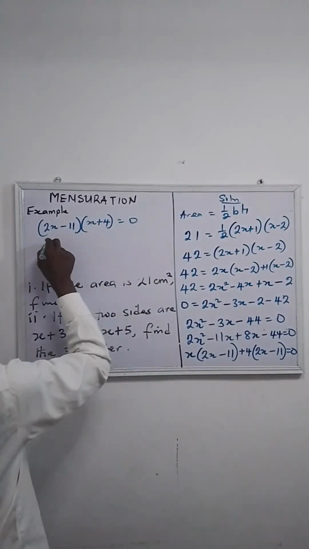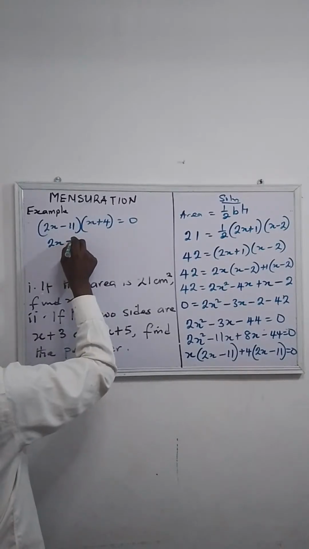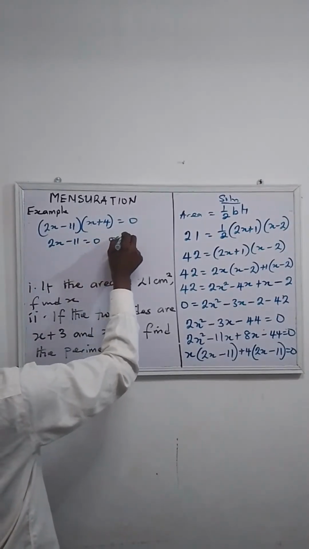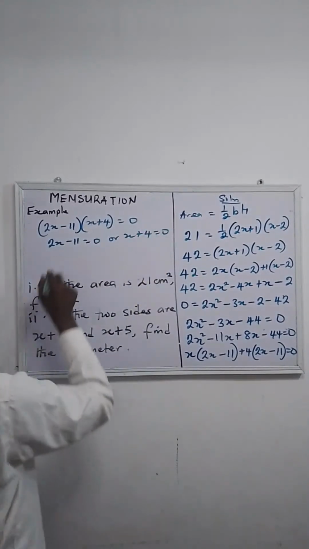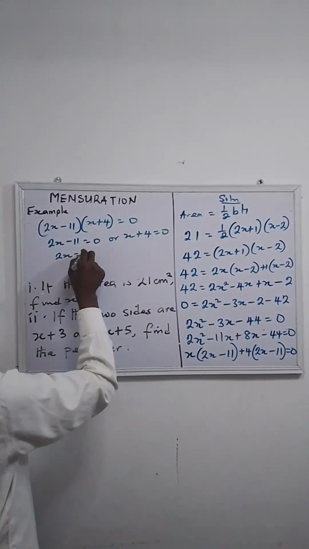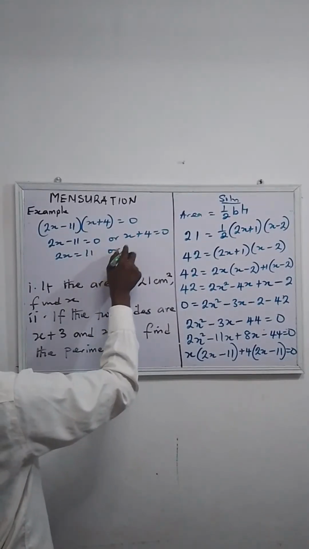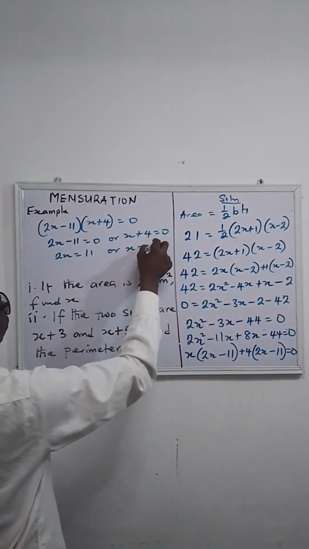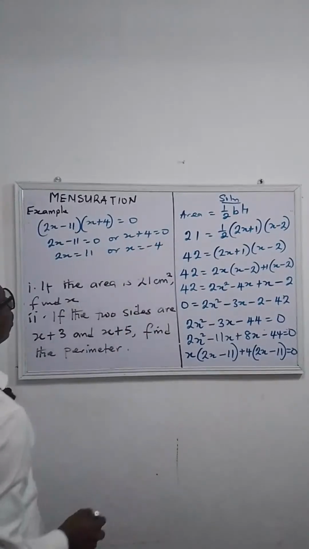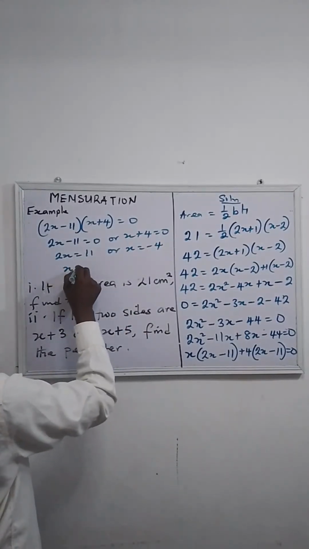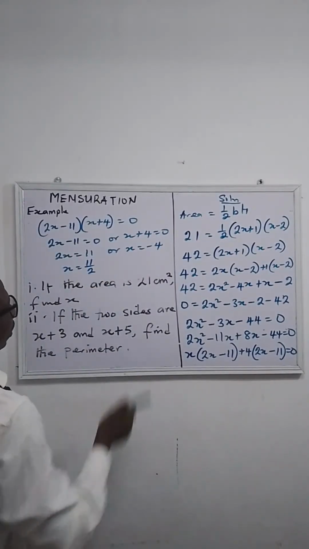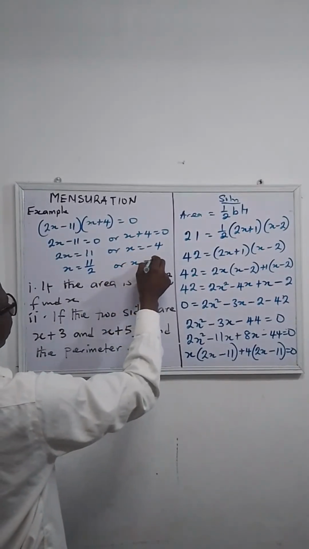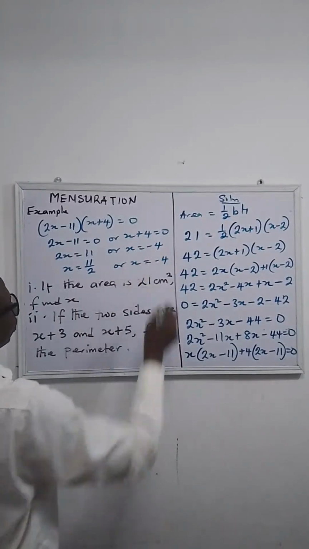So we have 2x minus 11 equals to 0, or x plus 4 equals to 0. So 2x equals to 11, or x equals to negative 4. So we have x equals to 11 over 2, okay, or x equals to negative 4.